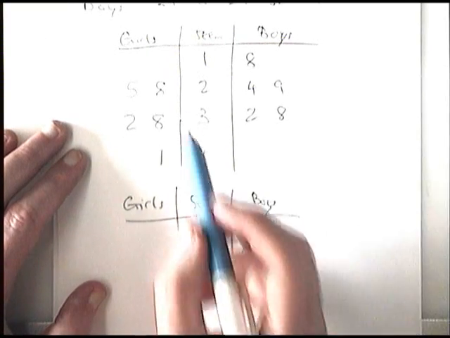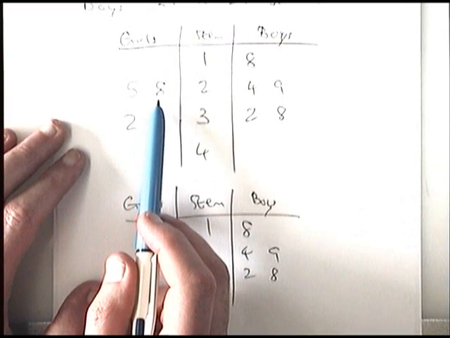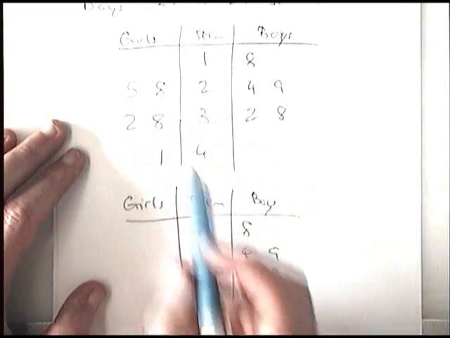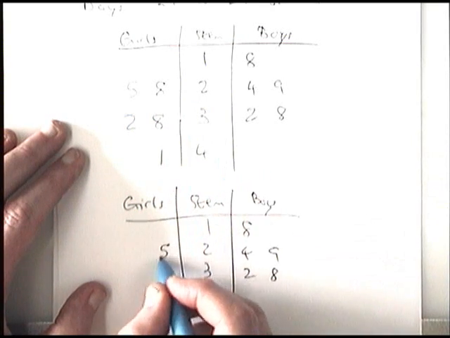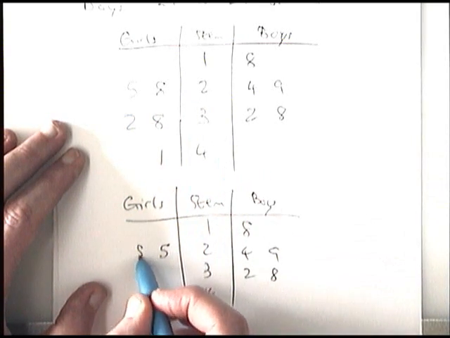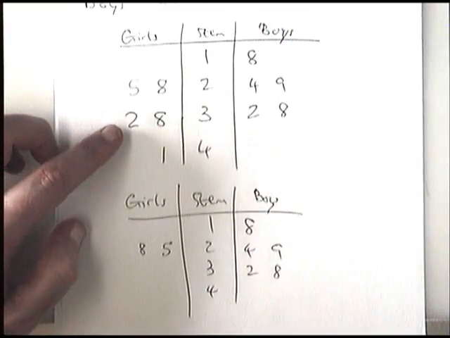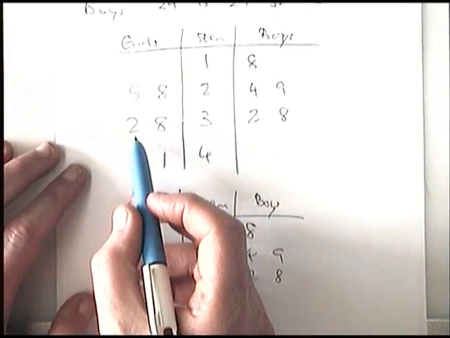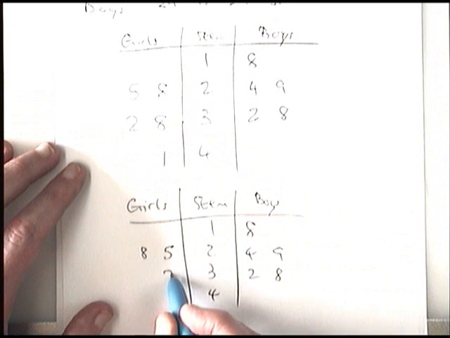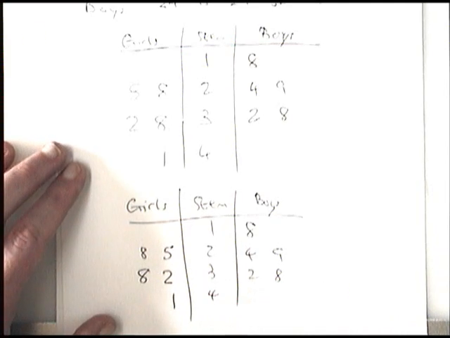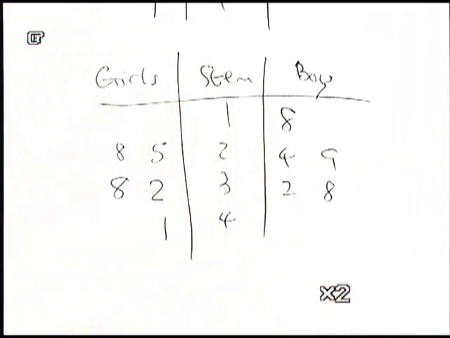But on the right-hand side, what you would actually have is that the lower number would be nearer the stem. So they would actually go around the other way. You'd have the 5 there and the 8 here. As it's further away from the stem, it gets bigger. So this 2 and the 8 here, again, the 2 is a lower number, so that would be nearest the stem, and the 8 would be up there. So if it's an ordered stem and leaf diagram, it would look like this.